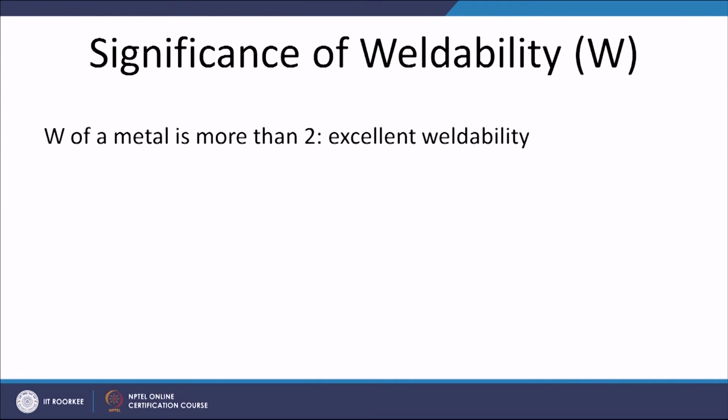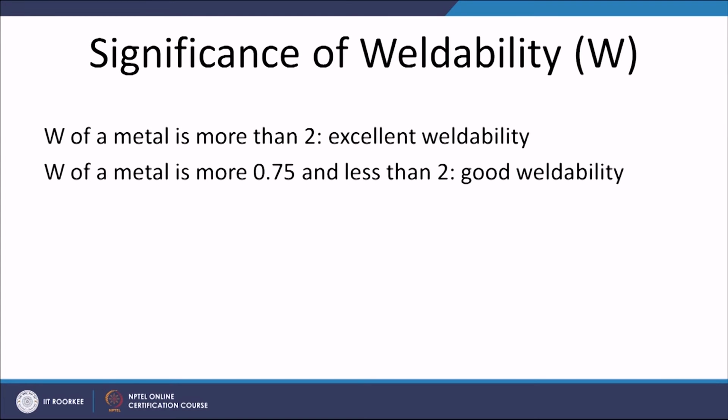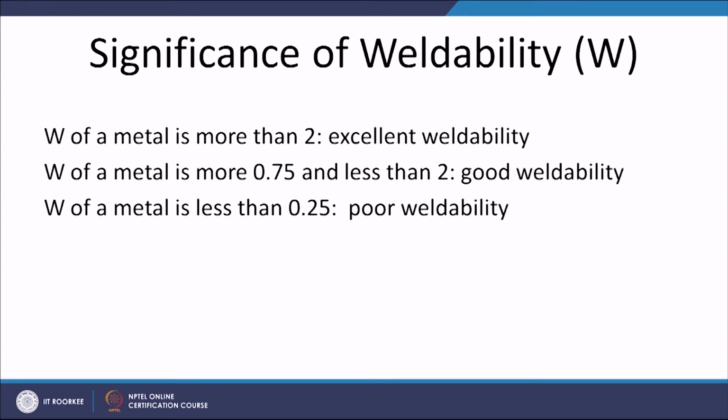If the weldability W is more than 2.5, then the weldability is considered to be excellent. If the weldability of a metal is between 0.75 and 2.5, then it is considered good weldability, and if the weldability is less than 0.2, then it is considered poor weldability.